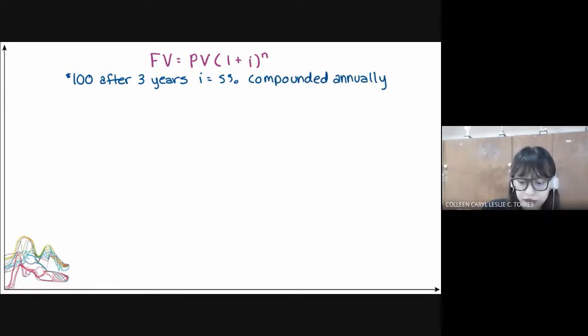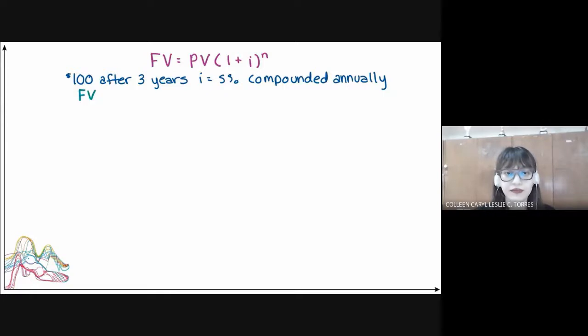Logically, we know that we should have to invest less than $100 today in order to get $100 in the future. And we can actually use the same formula that we had been using to go forward in time to go backward in time. In this case, our $100 after 3 years is in fact our future value, because that's the amount that we want to have in the future.